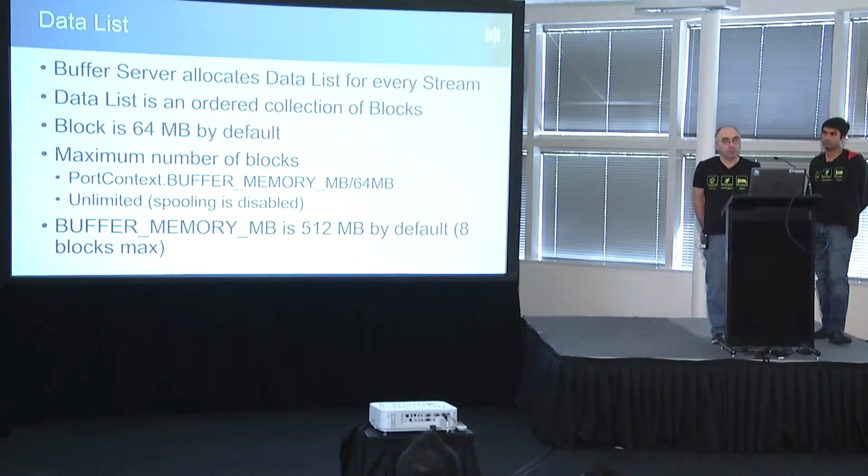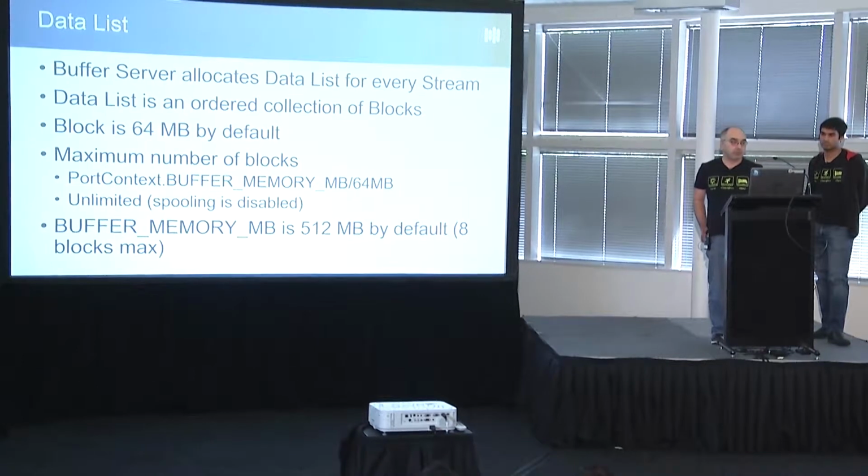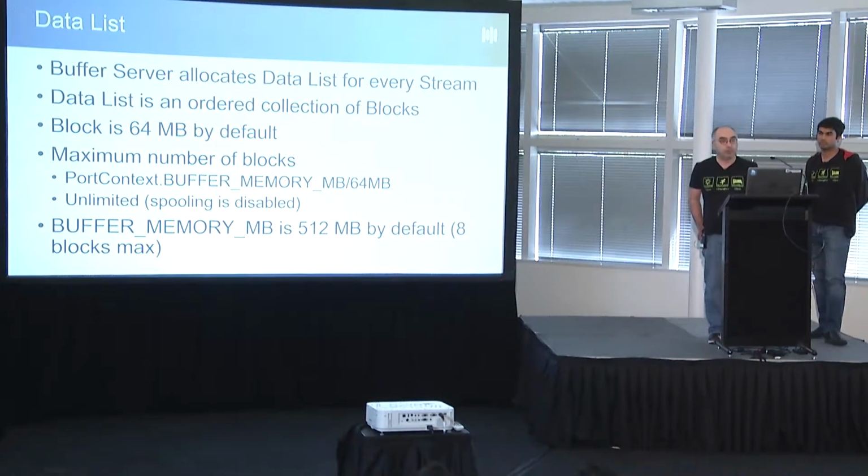So let's take a look at how that functionality is implemented inside the buffer server. There is a data list that is allocated for every stream, right? A stream is a connection between the output port of one operator and the input port of the downstream operator.